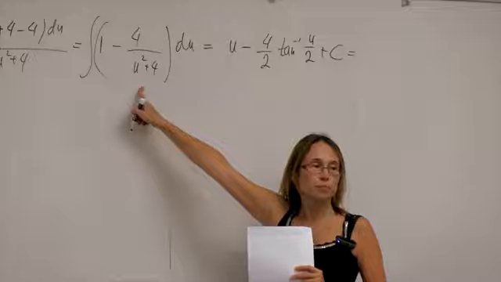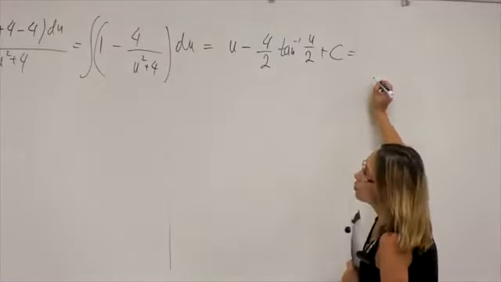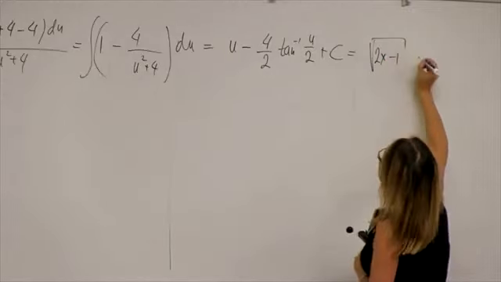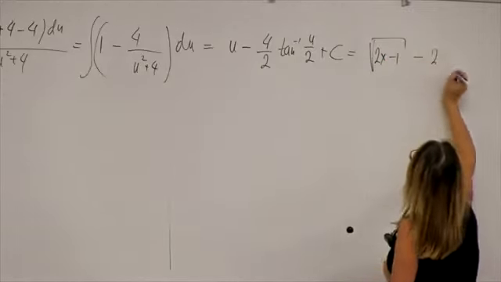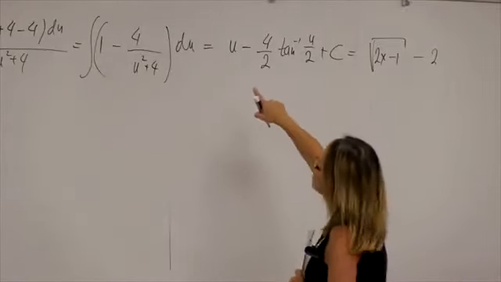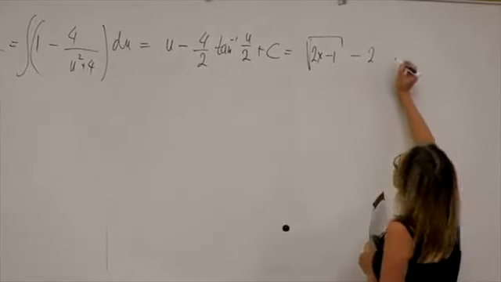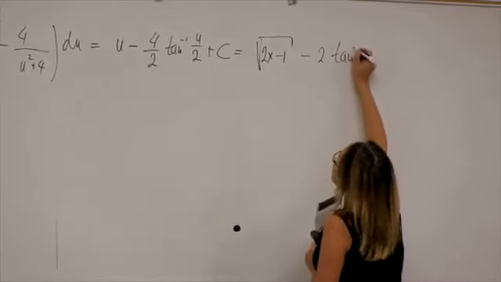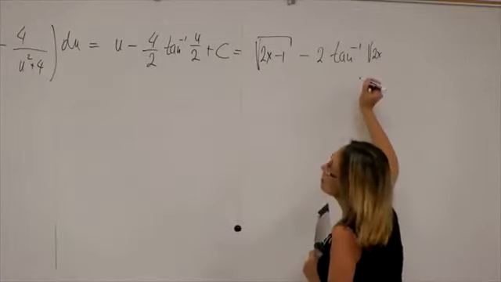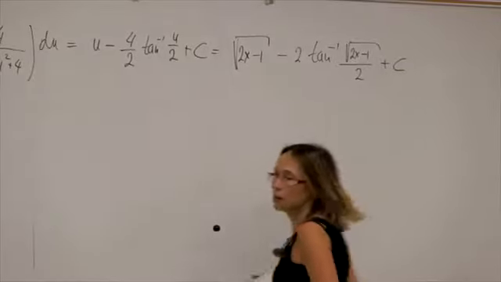This is this integral. So what is u? The square root of 2x minus 1, minus 2. One second, did I make a mistake here? No, it's okay, I think. The square root of 2x minus 1, minus 2 tangent minus 1 of the square root of 2x minus 1 over 2, plus c.